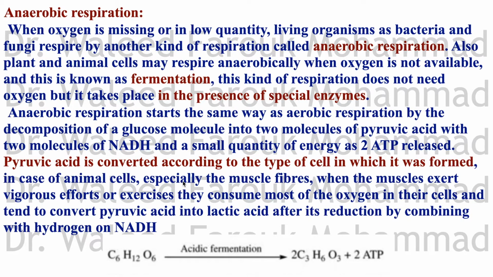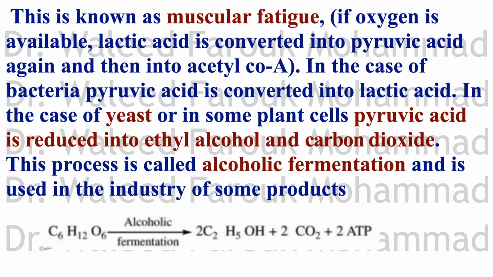So what happens during muscle exercise? Accumulation of lactic acid forms from converting pyruvic acid to lactic acid. This is known as muscular fatigue. If oxygen is available, lactic acid is converted into pyruvic acid again. Understand? So lactic acid is a form of storage of pyruvic acid. This is what makes the muscle cramps, by the way. This is the acid responsible for the muscle cramp.